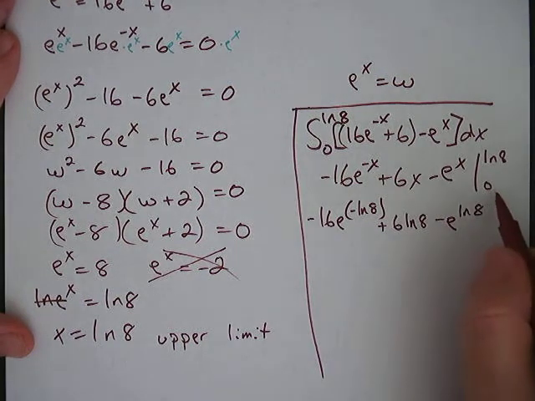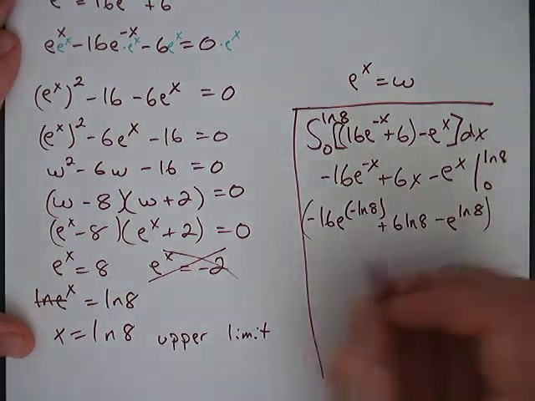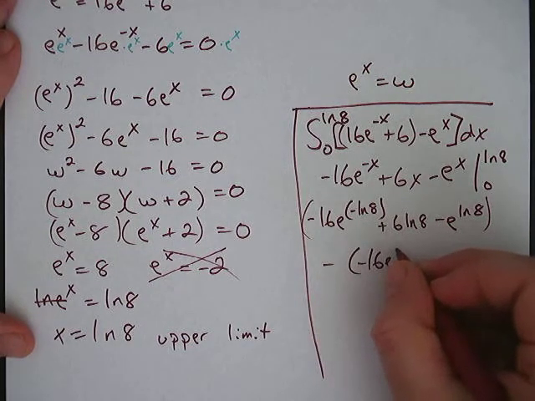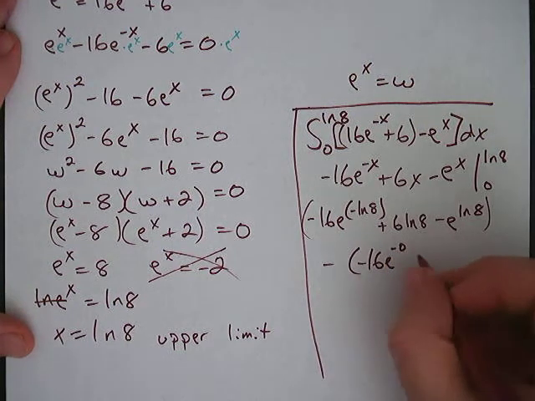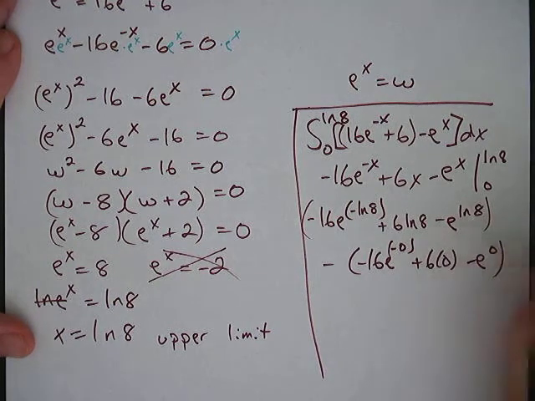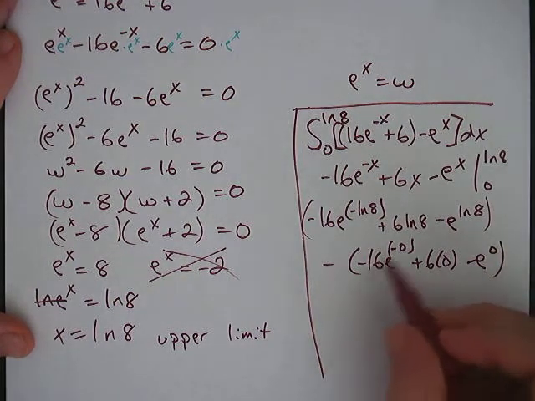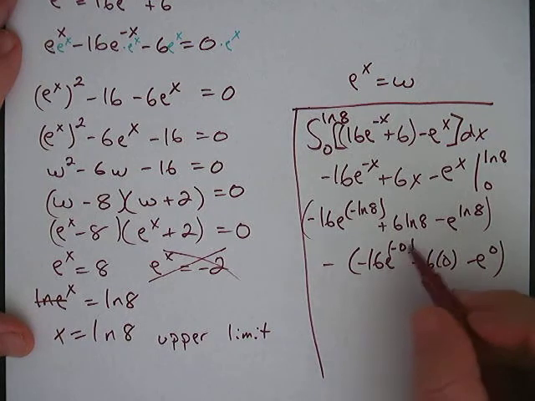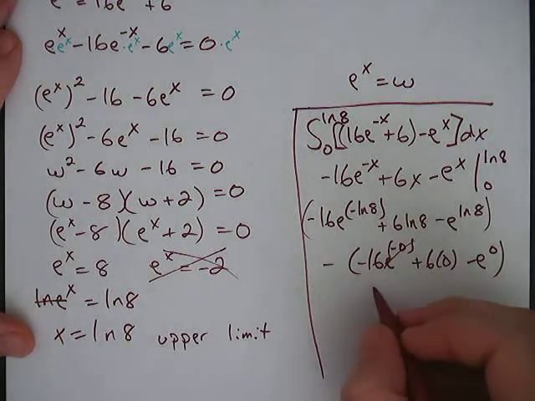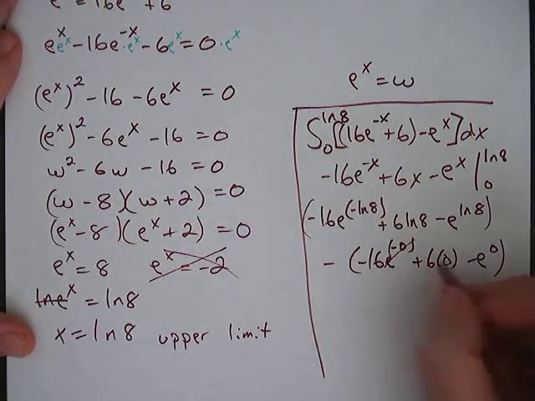And then that's the upper part, minus the lower part: negative 16 e to the negative 0, it's just 0, plus 6 times 0, that one goes away, minus e to the 0, that one is 1. So you can see this e to the 0 power is 1, so that turns into a 1.